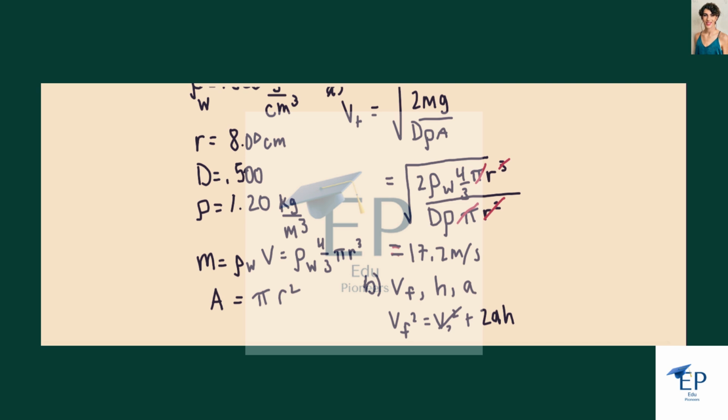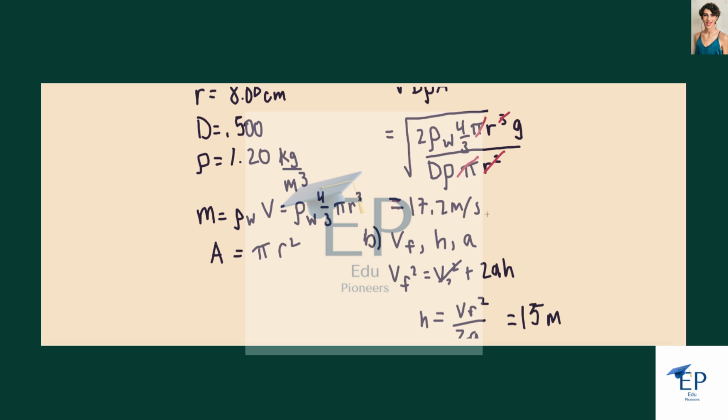Okay, I was looking over my work and I definitely forgot to bring down gravity here. So I need to multiply my 17.2 by the square root of g. So I'm going to revise my calculations. Let's put a 9.81 in there. I get 53.8 meters per second.